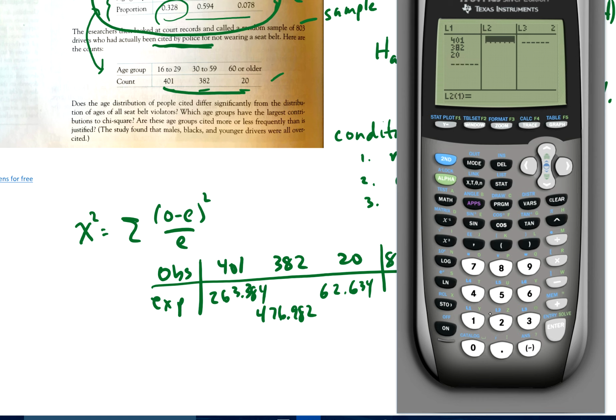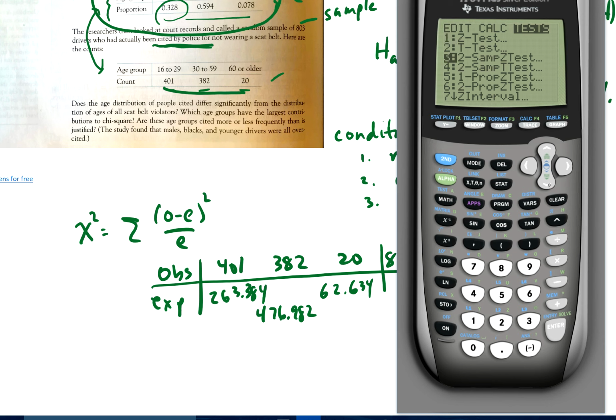And in L2, expected: 263.384, 476.982, and 62.634.